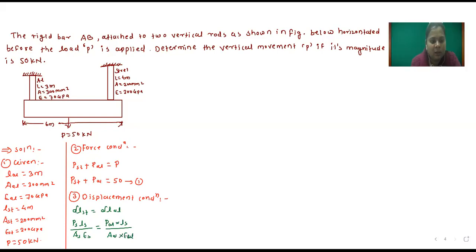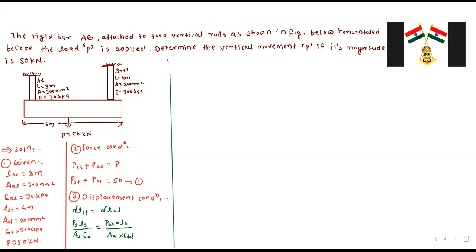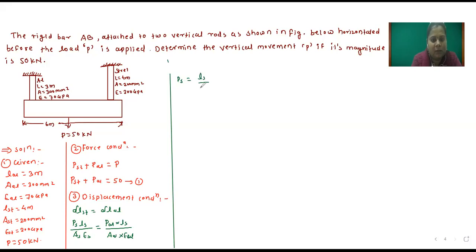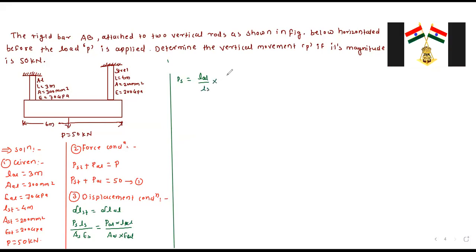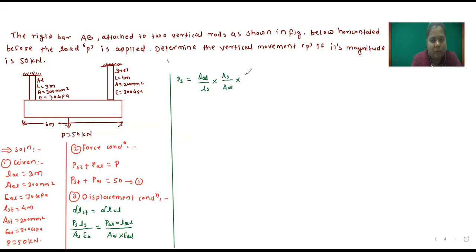Okay. So now we will put values. We will convert the equation. So PS is equal to L aluminum divided by LS into area of steel divided by area of aluminum into Young's modulus of steel divided by Young's modulus of aluminum into load taken by aluminum rod.